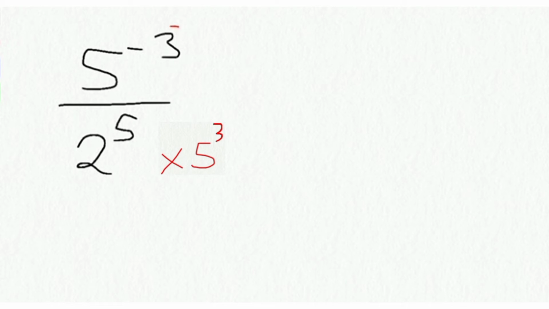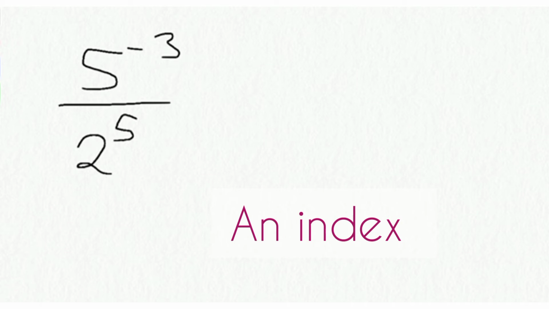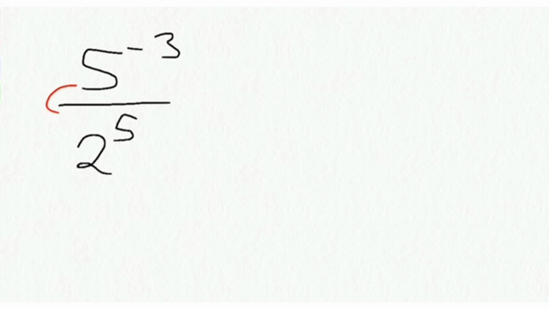Whenever you bring the numerator down below this division line, the sign of the index of that numerator changes. If it is negative, it changes to a positive. If it is positive, it changes to a negative, and only if it crosses this division line.